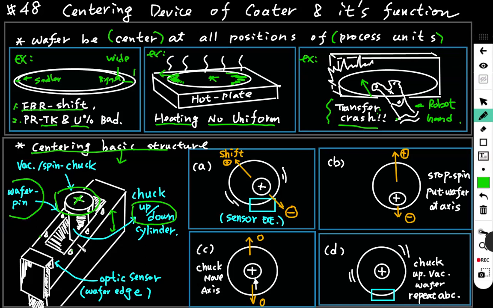So there are 6 wafer pins here. The wafer pin holds the wafer as the chuck has no vacuum and goes down.